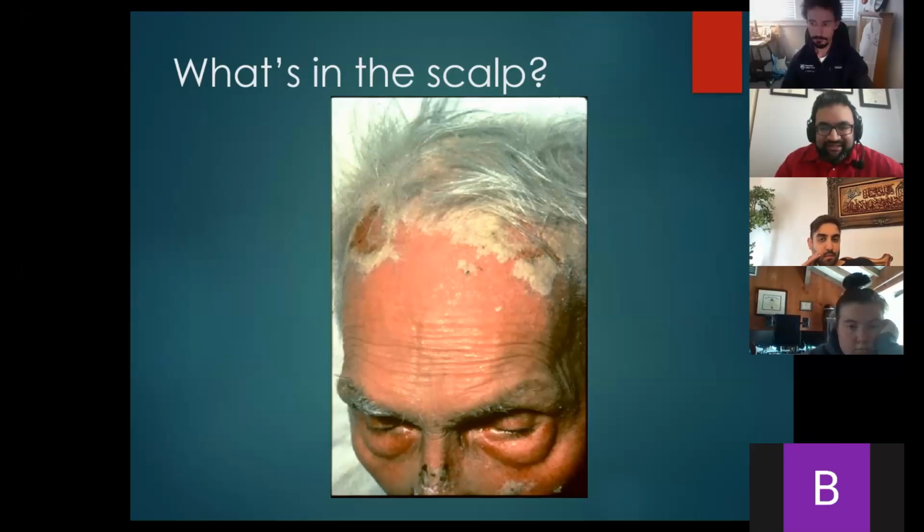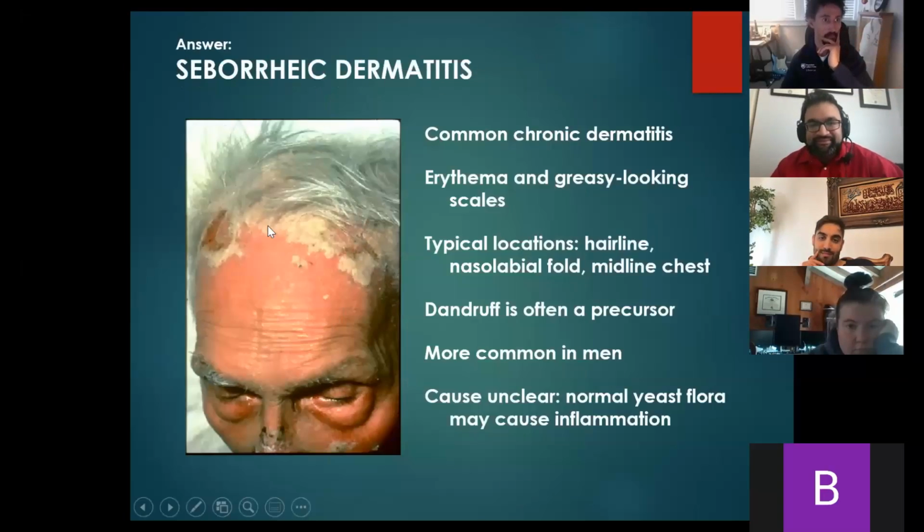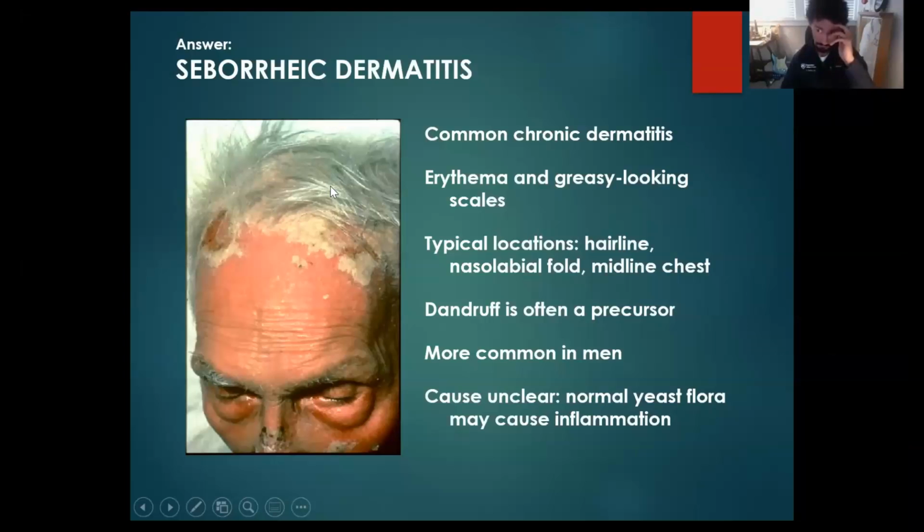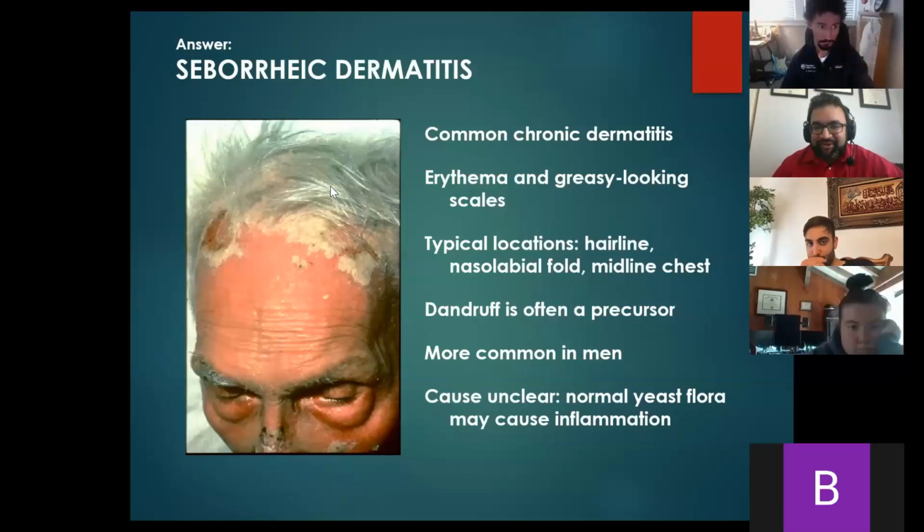What else? Maybe seborrheic dermatitis, right? So this is what that is called, seborrheic dermatitis.